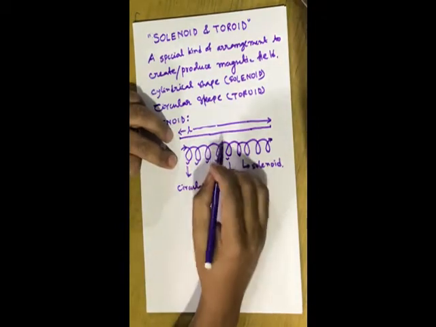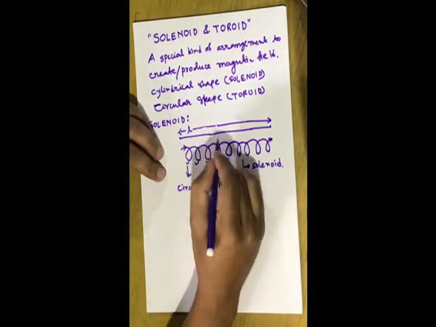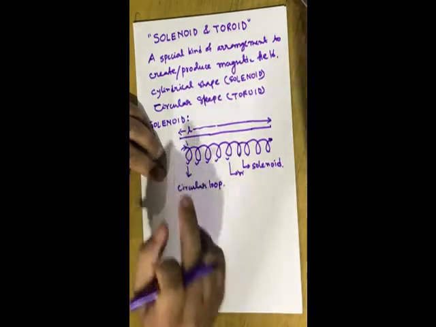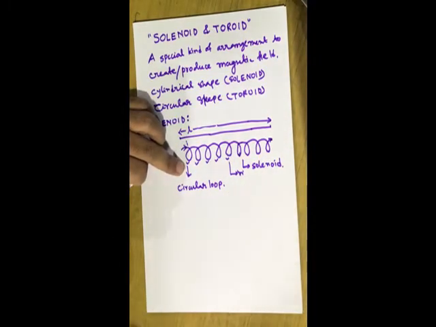Okay, so you see, suppose now a current I is flowing through this solenoid. Then the net magnetic field, you see we always use current in order to produce a magnetic field, right?